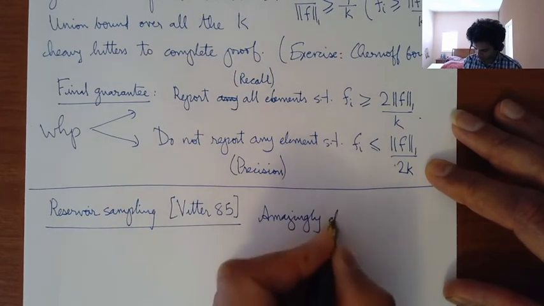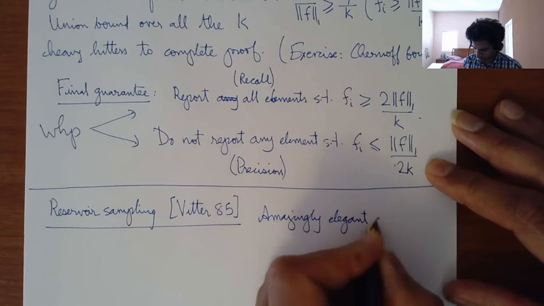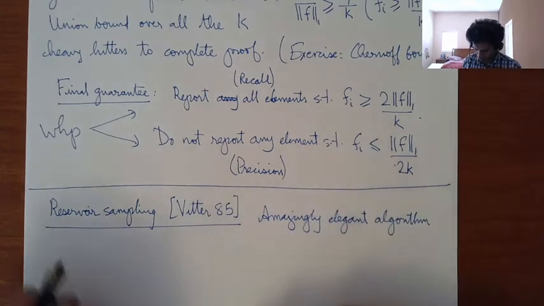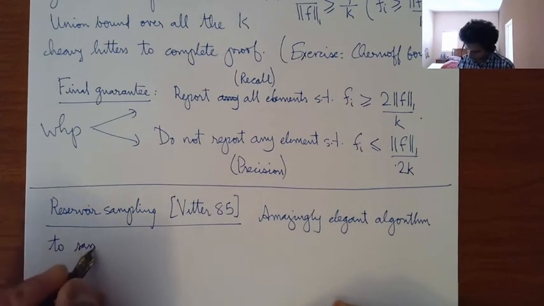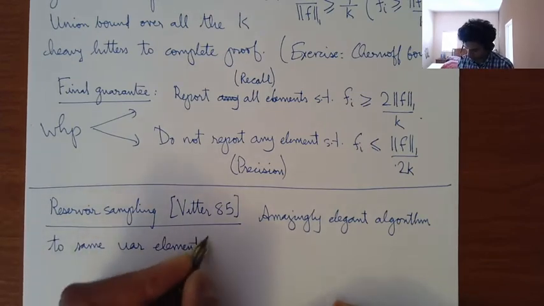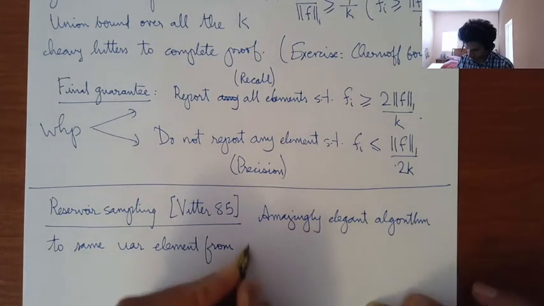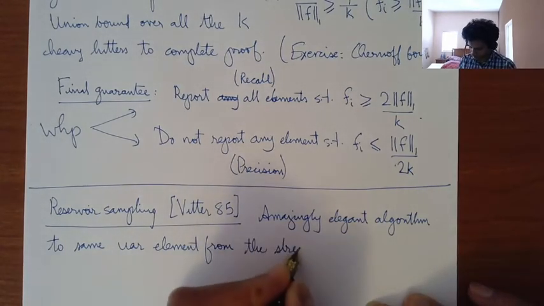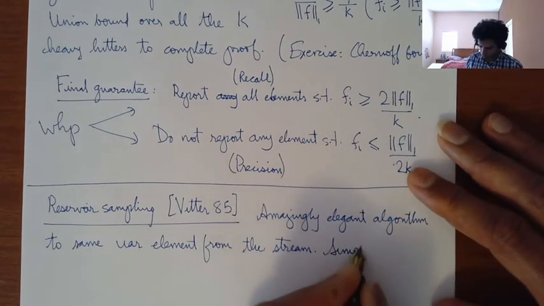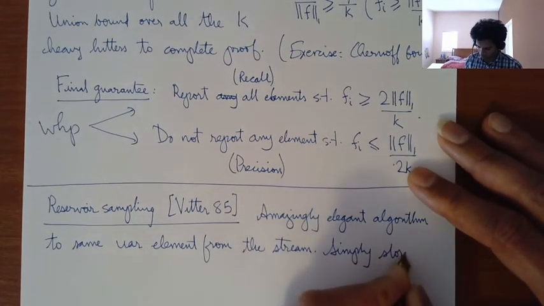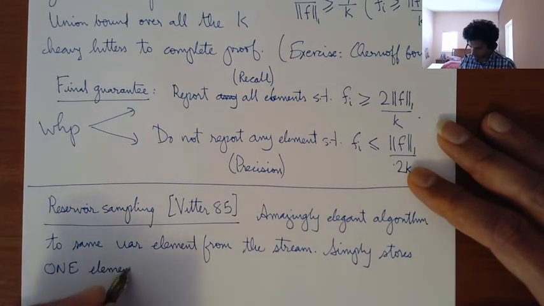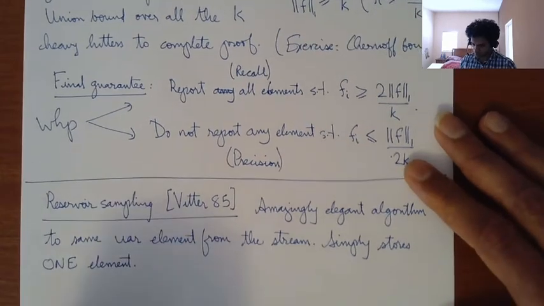It's an amazingly elegant algorithm to sample a uniform at random element from the stream, and it simply stores one element. That's all it's going to store. It's going to store one element.